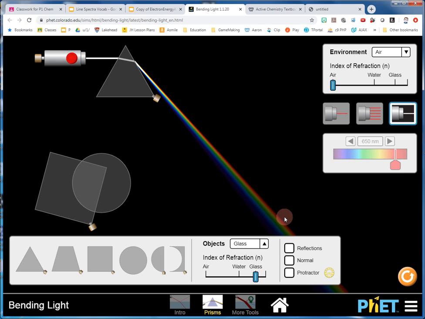So which colors are getting more bent, or more refracted? Well, it looks like the red is getting least bent, and the purple is getting the most bent, isn't it?